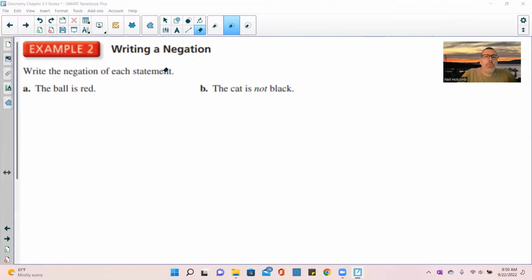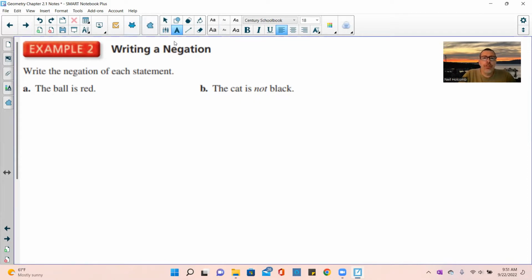Okay, example 2 says writing a negation. It says write the negation of each statement. The ball is red. So that's the original. The opposite of is red is is not red. It's pretty simple.